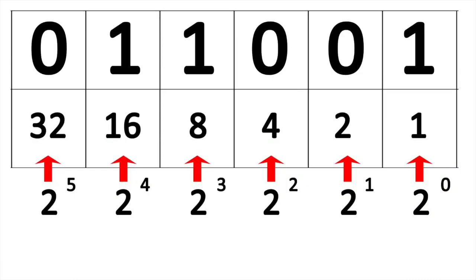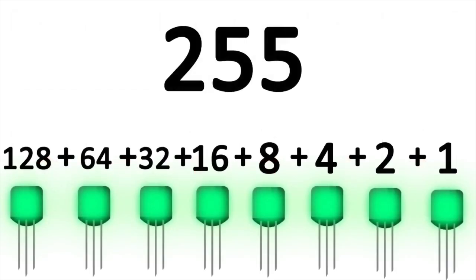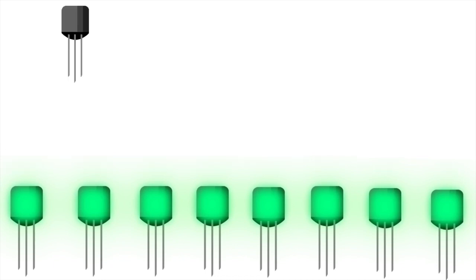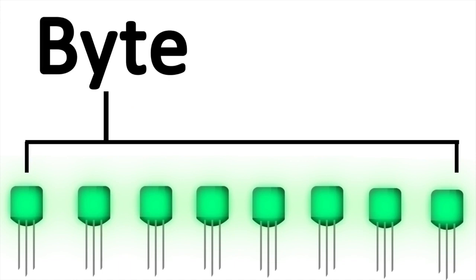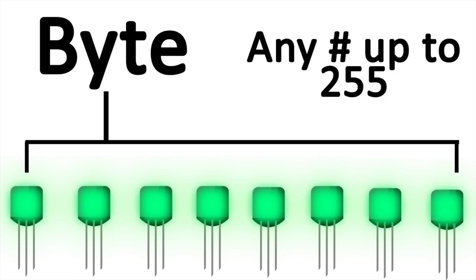With binary, we can represent a number as high as 255. An on switch means a 1, and an off switch means a 0. Now is a good time to mention that a single transistor is what's known as a bit, which stands for binary digit. A byte is 8 of these bits in a row, which means any number between 0 and 255.